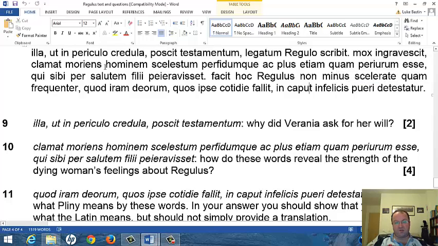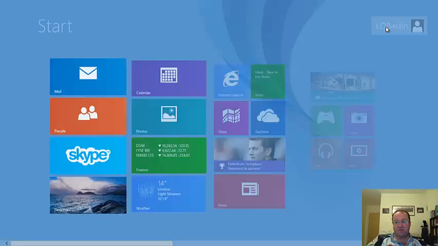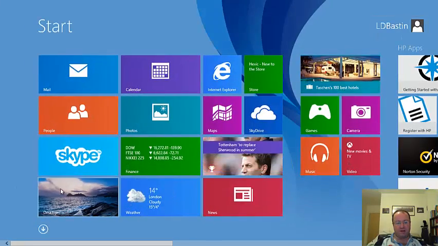So she's shouting, even, wish I could pronounce my words today, sorry. So shouting, she shouts, dying, that he is esse, a man, wicked and perfidum and treacherous, ac plus etiam, even more quam than he is perjurous. So she's kind of, oh dear, I didn't want to do that, sorry.